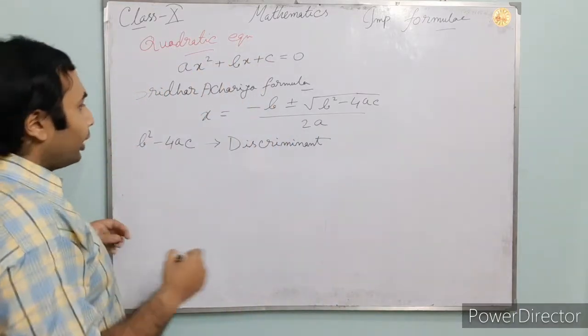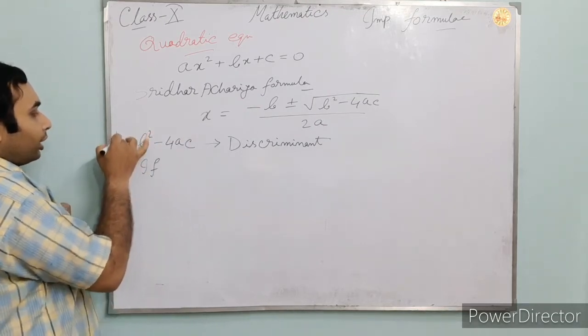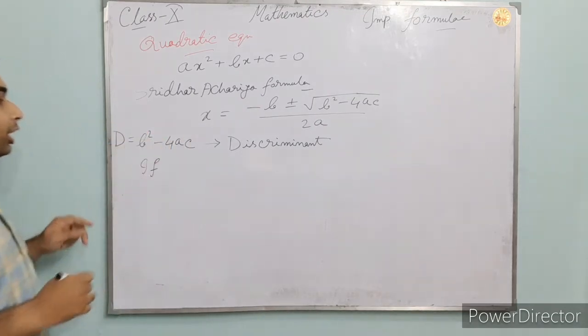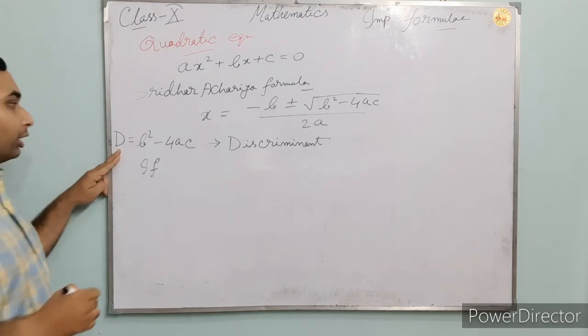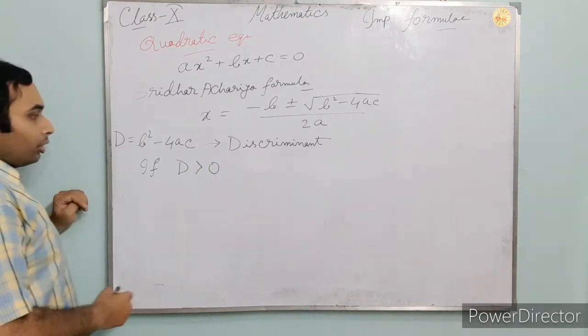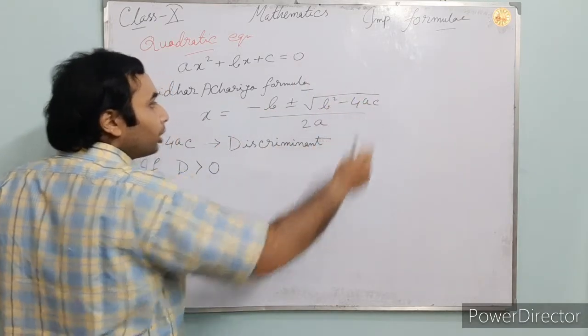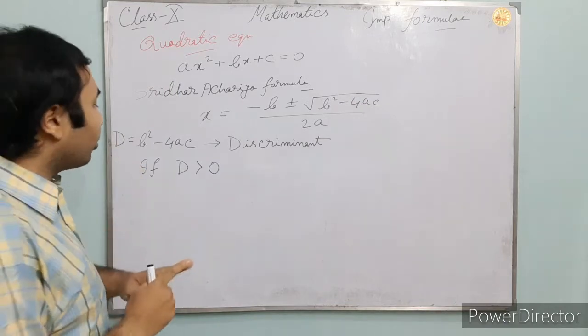We denote the discriminant with capital D. Under the root only the b square minus 4ac is there, and that is called the discriminant.